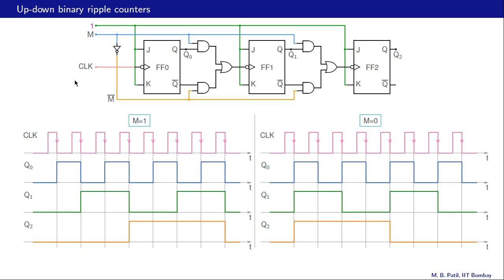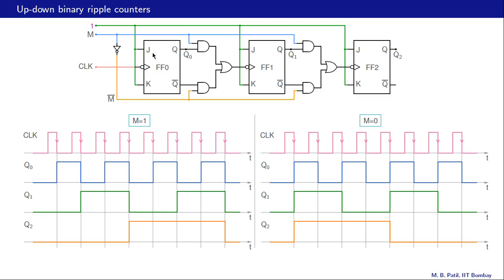We have seen a binary up counter. We have also seen a binary down counter. It turns out that we can combine up counting and down counting into a single counter, and that is what is shown over here. Let us see how this circuit works. First, let us note that there are many features which are common with the circuits we have seen earlier.